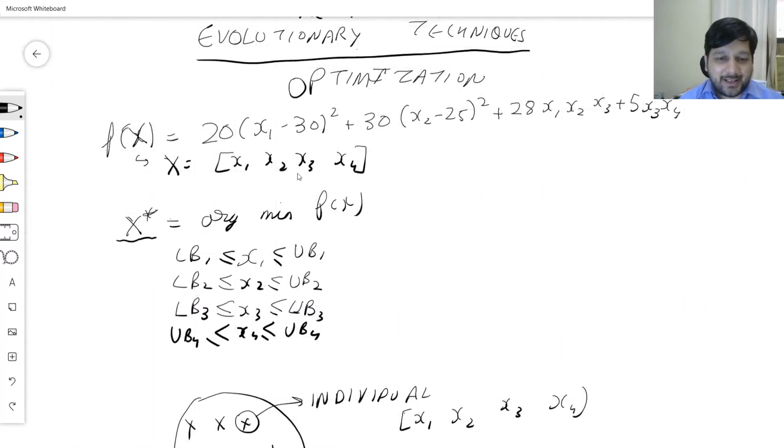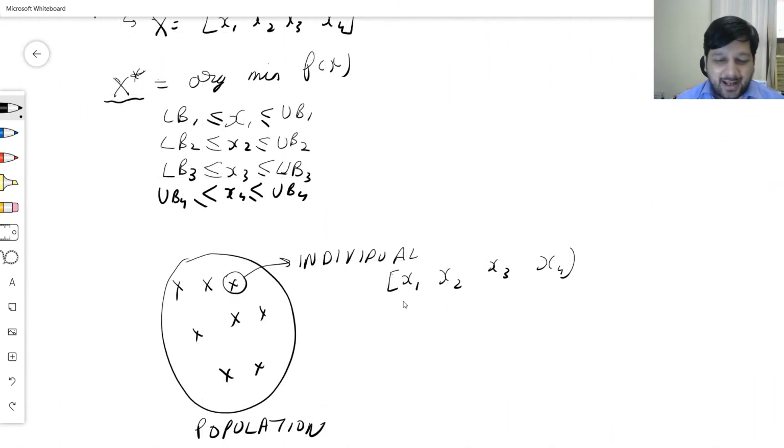As an example, I could say x1 is 5, x2 is minus 2.8, x3 is 2.9, and x4 is 8. So that's one individual in the entire population.